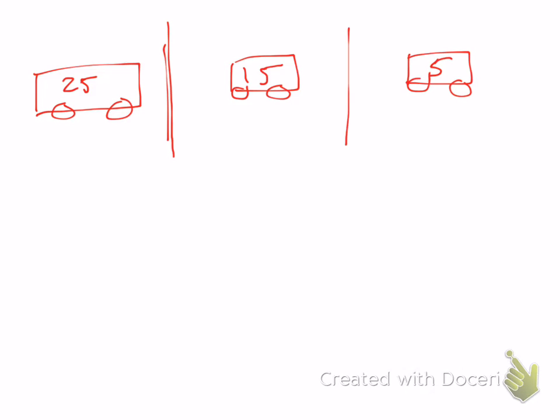Say the first school bus has 25 kids, another one has 15 kids, and another one has 5 kids, and maybe there's one back here that's got 0 kids in it. All we can see is this, right? We're sitting there and this is the only thing we can see.